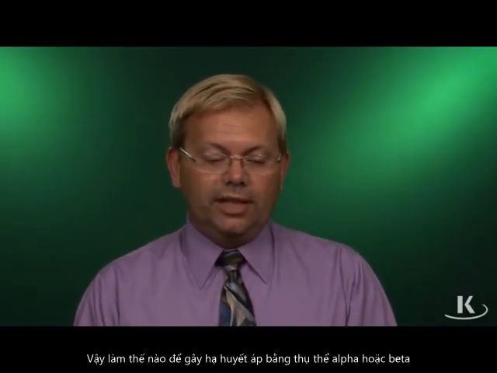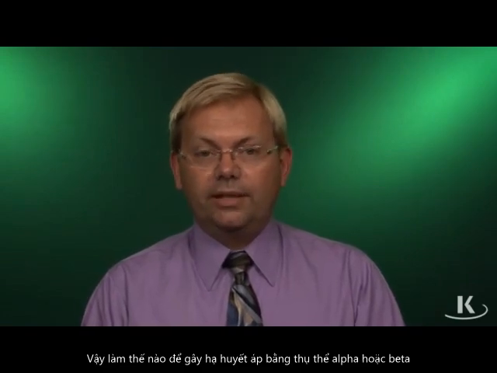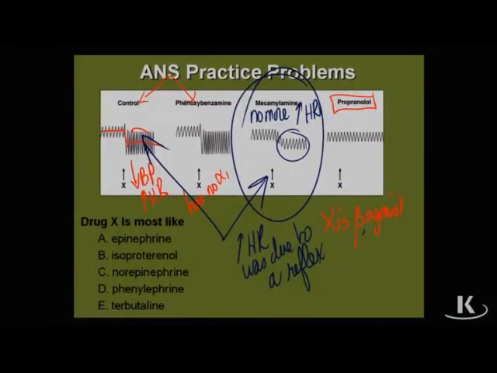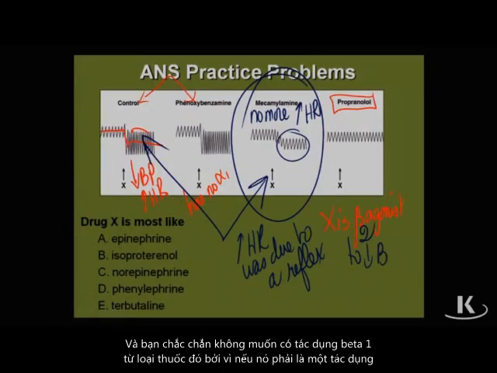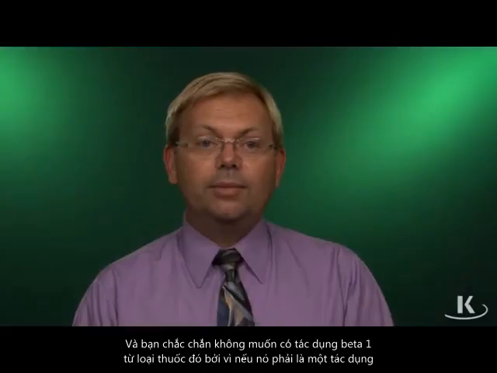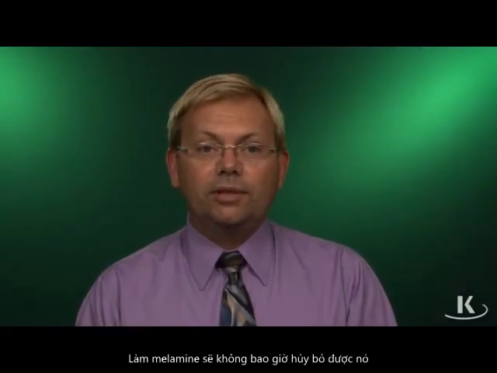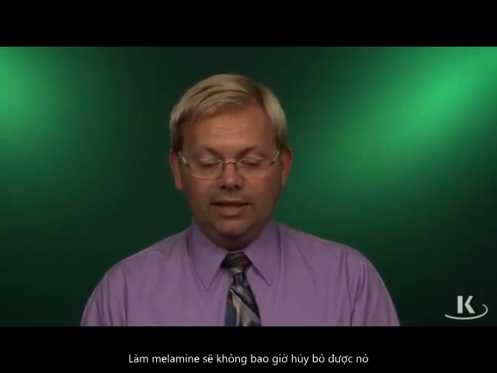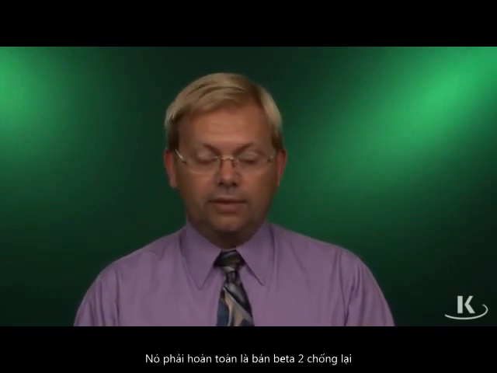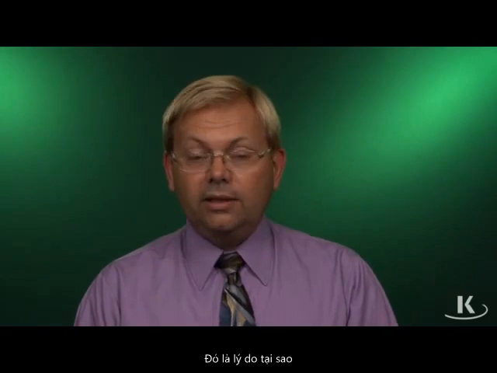So how do you cause hypotension with alpha or beta receptors? Well, you want a beta 2 agonist effect to lower blood pressure, and you certainly don't want a beta 1 effect from that drug, because if it had a beta 1 effect, mecamylamine would never have cancelled it. It must be purely a beta 2 agonist. That is why you're going to answer which drug?